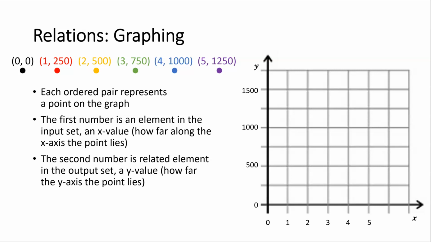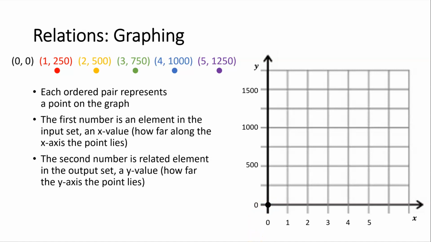So let's look at 0, 0. 0, 0 means that point's going to go across until it hits 0 on the x-axis, and then it's going to go down the y-axis till it hits 0 on the y-axis. So this is where the point 0, 0 belongs.